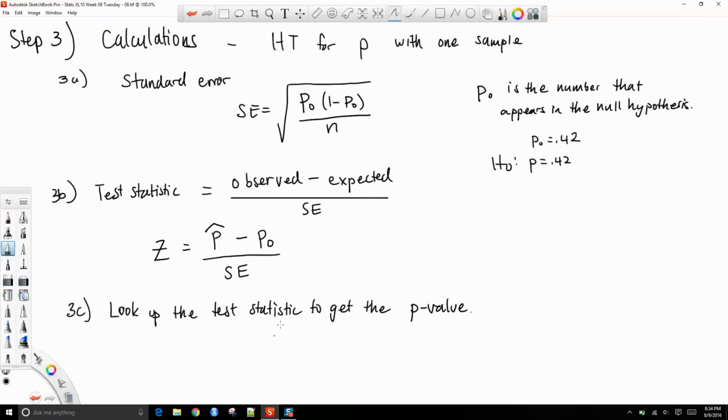Okay, so let's flip to the next slide. Getting your p-value from a z-score. We're going to start off with one-tail scenarios.